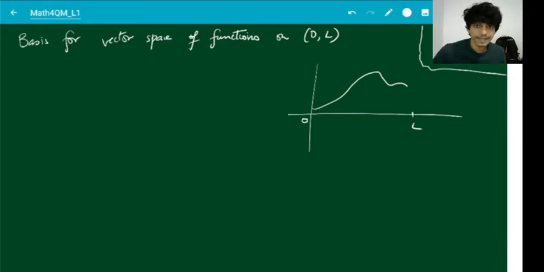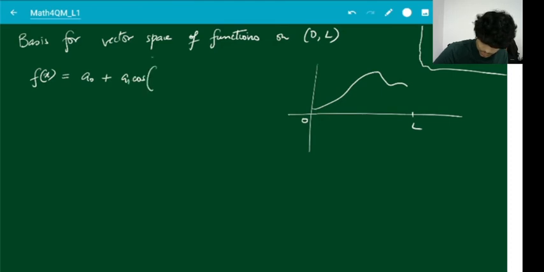Now you have studied at some point the Fourier series, right? So on this interval 0 to L, you can write a function f of x as some constant a0 plus a1 cos, was it n pi x by L?